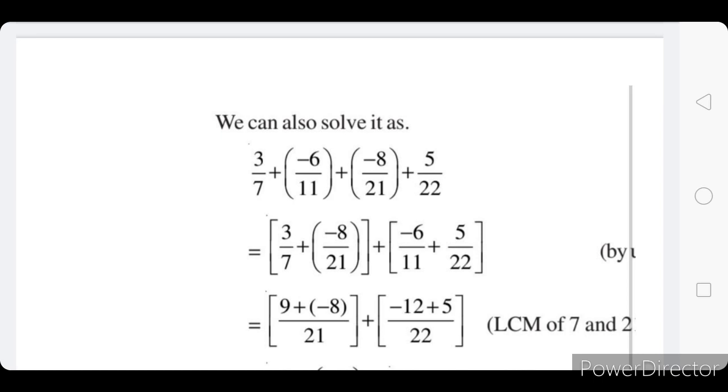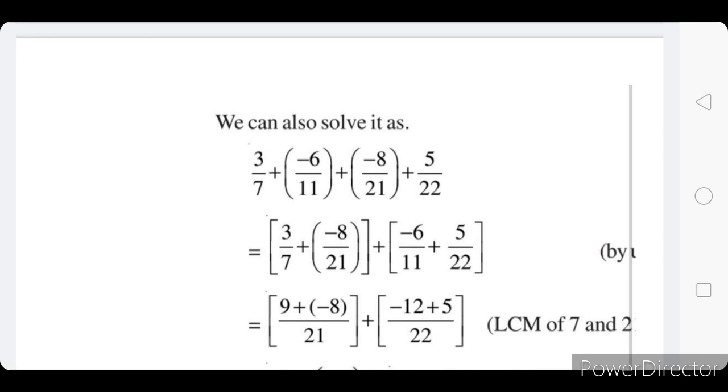Take any two of the numbers whose LCM is easy to find out. Make groups of 2: 3 upon 7 plus minus 8 upon 21, plus minus 6 upon 11 plus 5 upon 22, because 11 and 22 are a factor and multiple of each other, and 7 and 21 are a factor and multiple of each other. So it is easy to find the LCM.